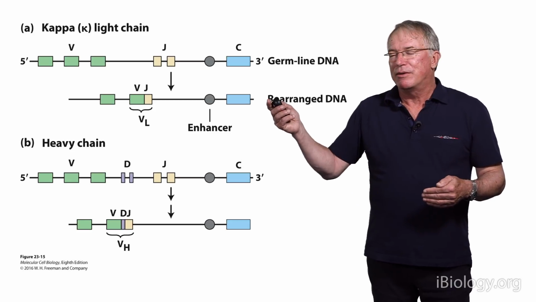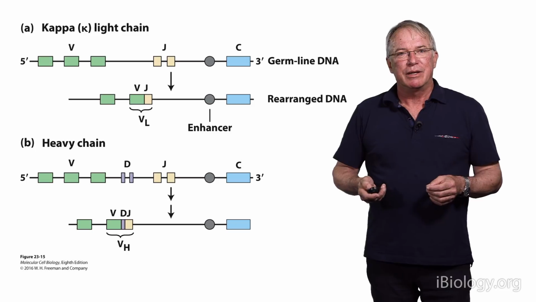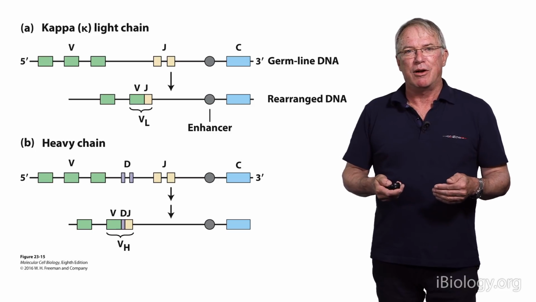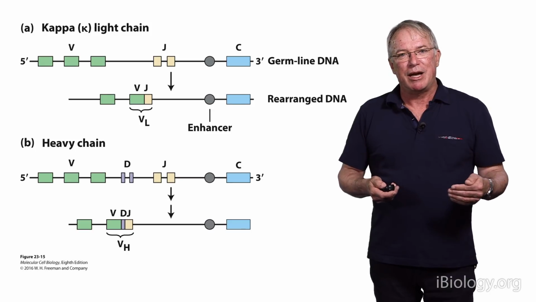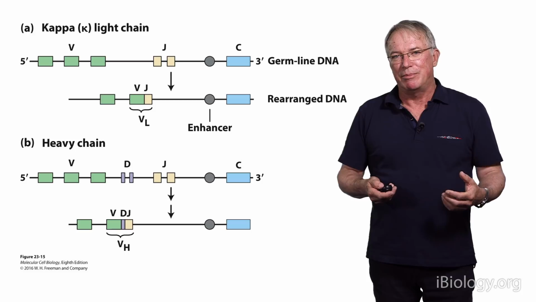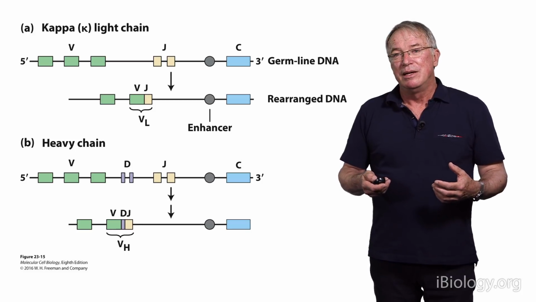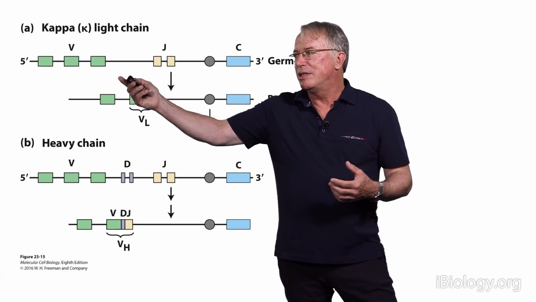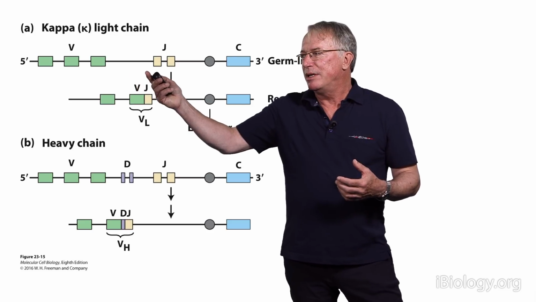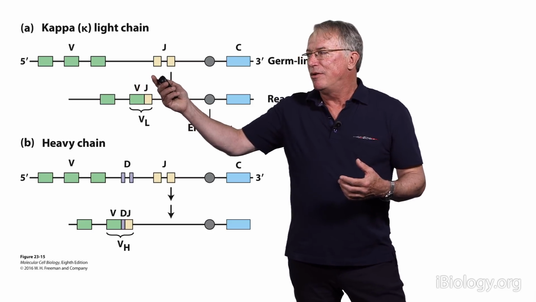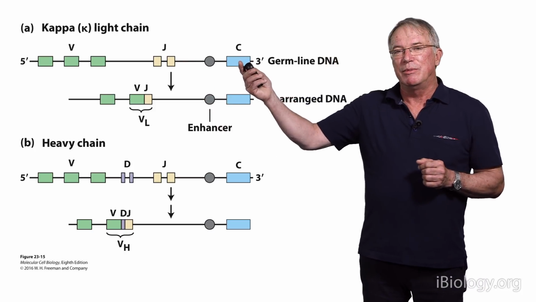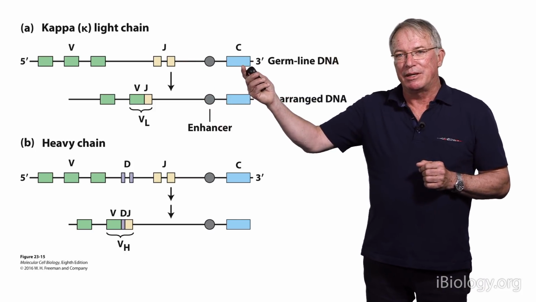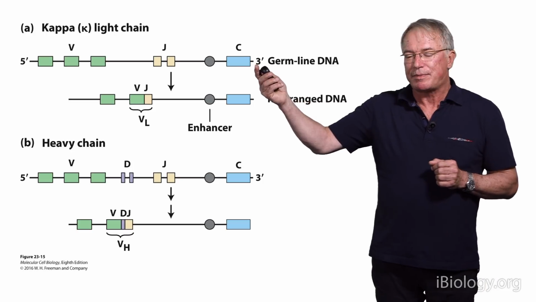On the top of this diagram, you'll see our current understanding of how the light chain locus operates. In mice and humans, there are two types of light chains called kappa and lambda, and I'll confine myself to a quick description of what happens for the kappa light chain. We have a battery of variable region sequences separated by intervening DNA, followed by so-called joining segments, and at some distance downstream of it, the remainder of the kappa light chain, the so-called constant region.